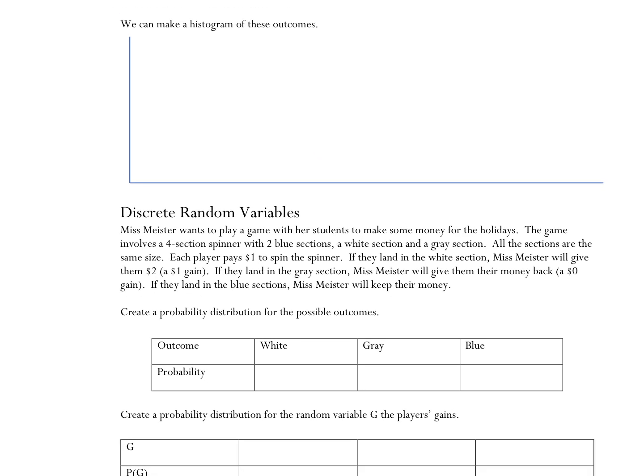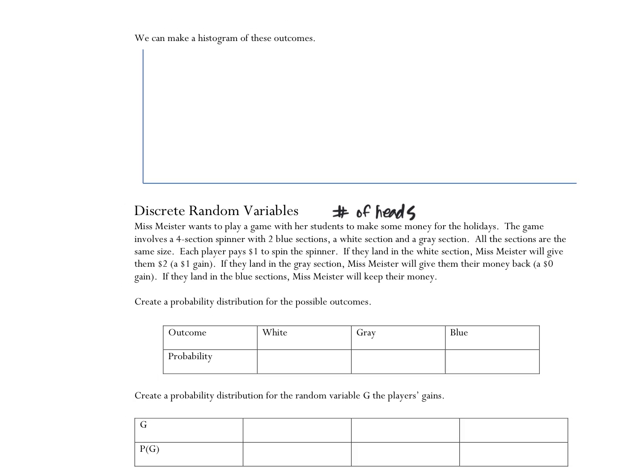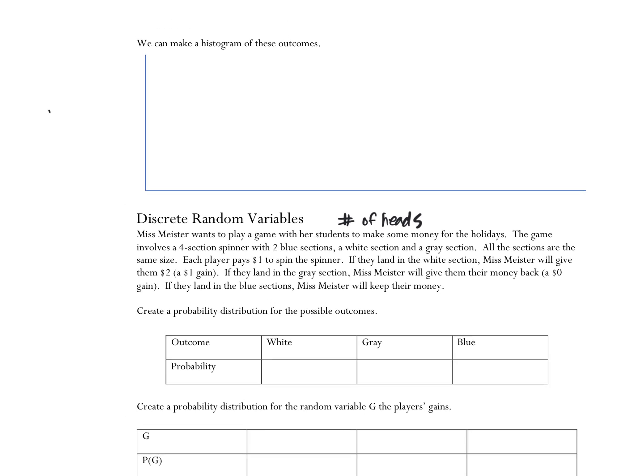So if I let my x-axis be my number of heads, and I let my y-axis be the relative frequency, I could have 0 heads, 1 head, 2 heads, 3 heads.